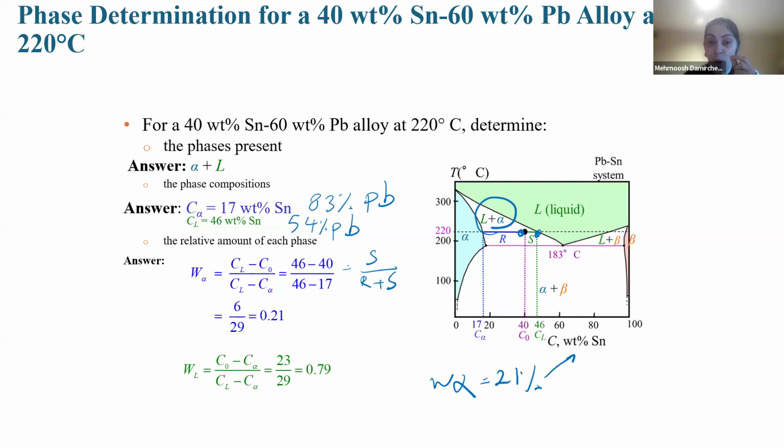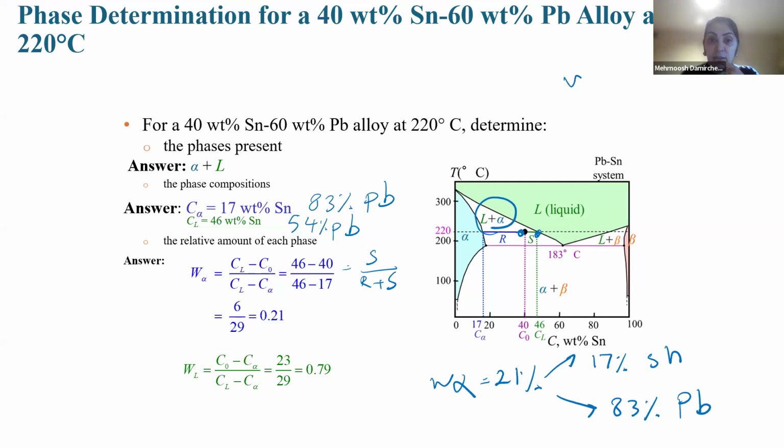In this 21% alpha, how much percent? 17% is Sn, and 83% is Pb.